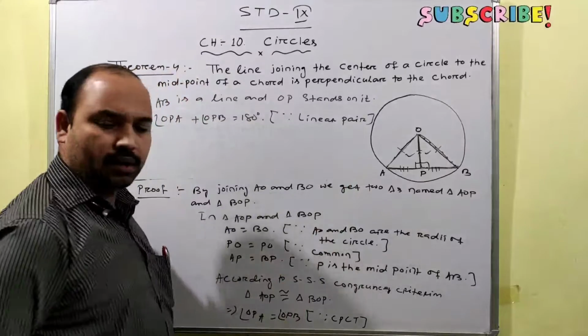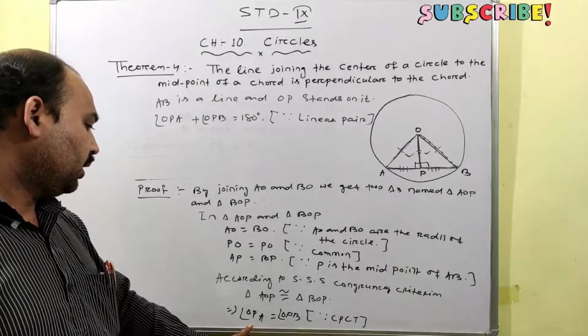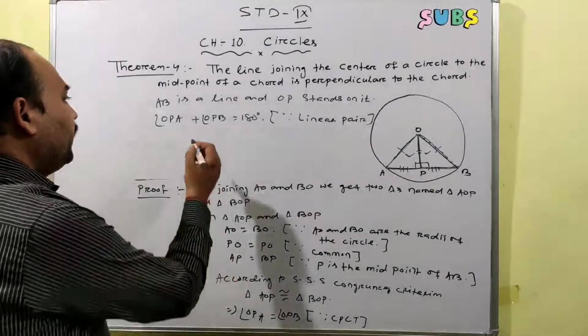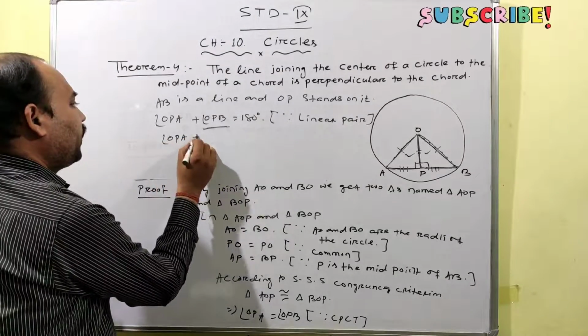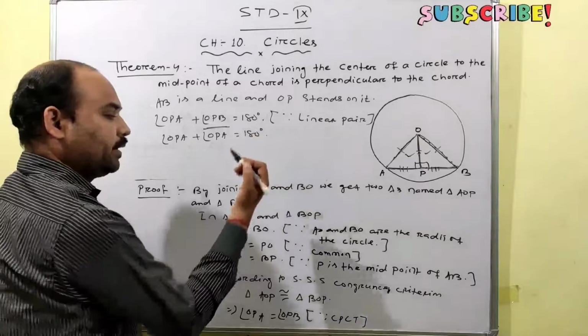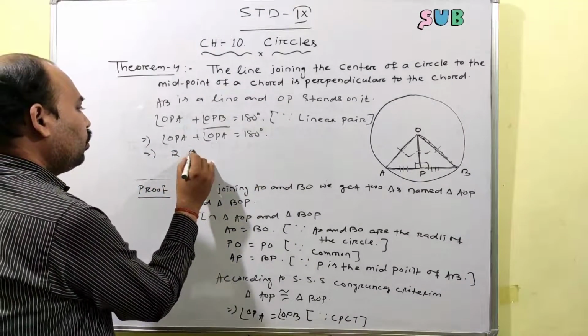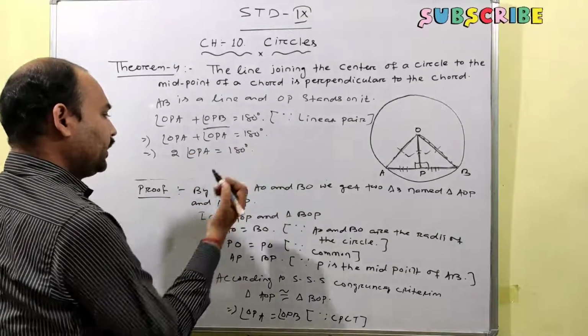It is a linear pair. Next, we proved that here OPA angle equal to OPB angle. Instead of OPB, we can write OPA angle plus OPA angle equal to 180 degrees. That implies 2 OPA angle equal to 180 degrees.